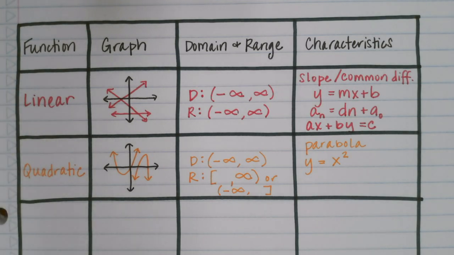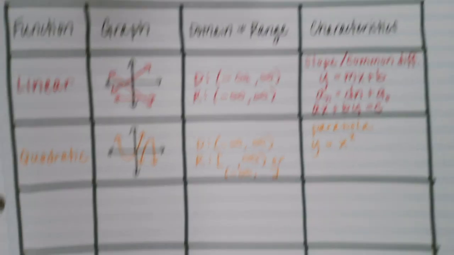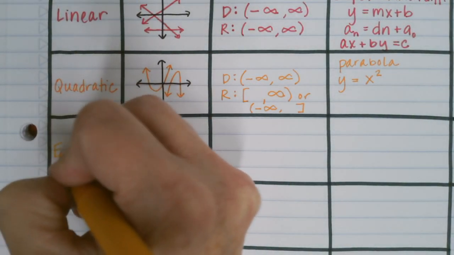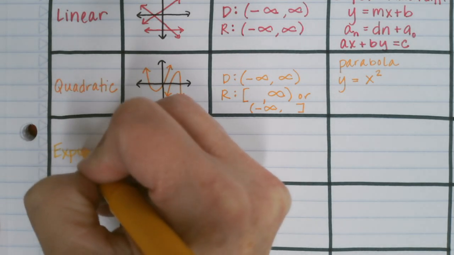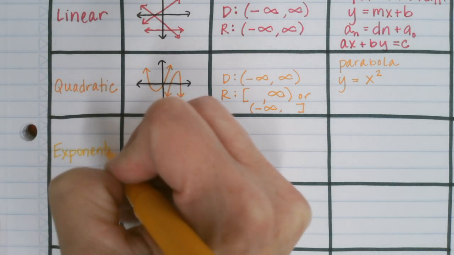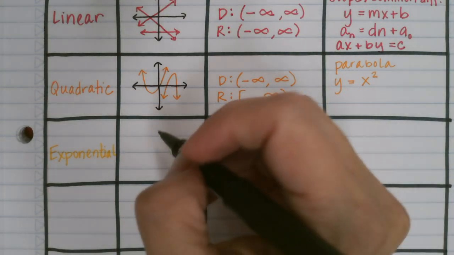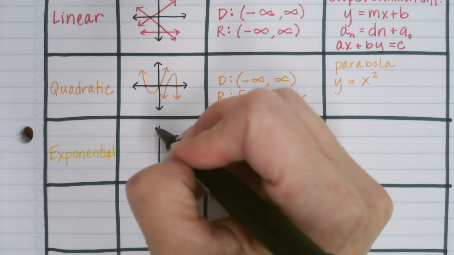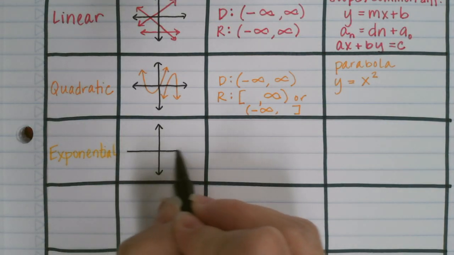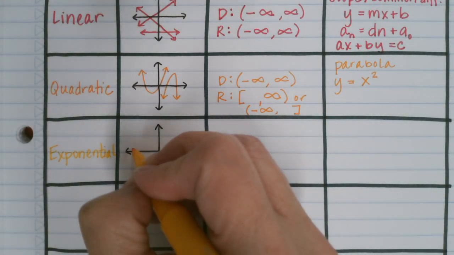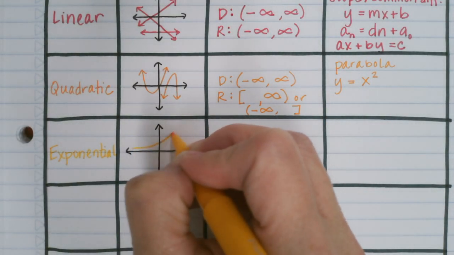All right. Next up is our exponential function. As you might have guessed, this is going to involve an exponent. On a graph, an exponential function makes a curve, and it's a curve that flattens out.